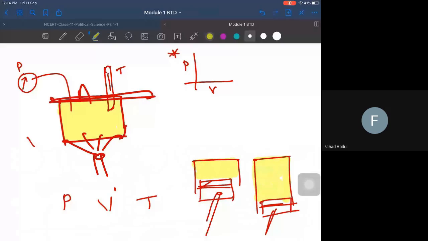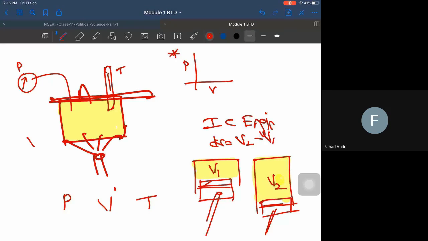So here, definitely, there is a change in volume, from V1 to V2, and the difference in the volume we can get as V2 minus V1. So there is a change in the volume when it comes to an IC engine. I want you to answer whether there is the same change in volume when it comes to a pressure cooker like this.